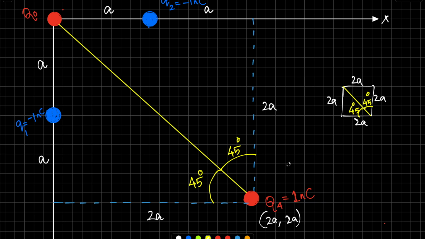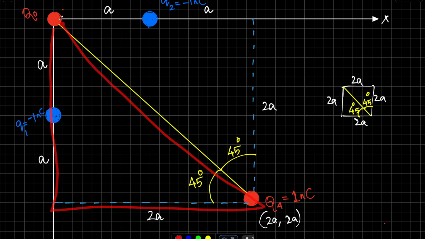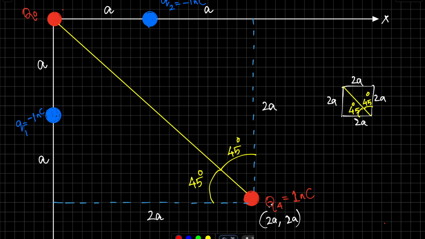Because it's a square. If you still have confusion, if you want to solve it, let's consider this triangle here. This side is 2a. This side is also 2a.